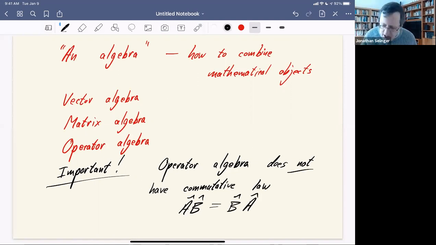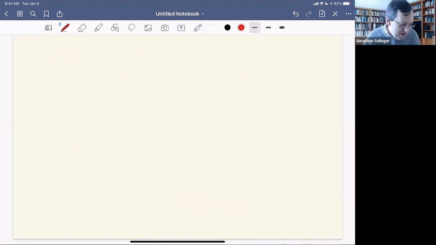Okay? This is not necessarily true. Sometimes it's true, sometimes it's false. It might be true or it might be false, depending on which operators you're working with. Okay? So let's see an example of that.